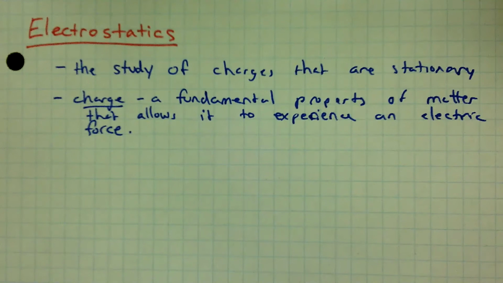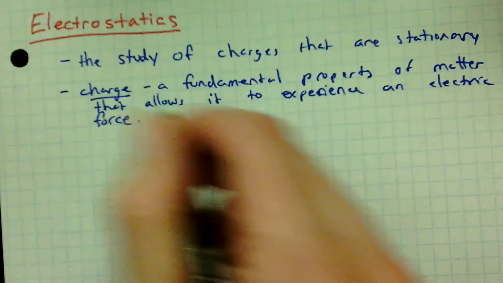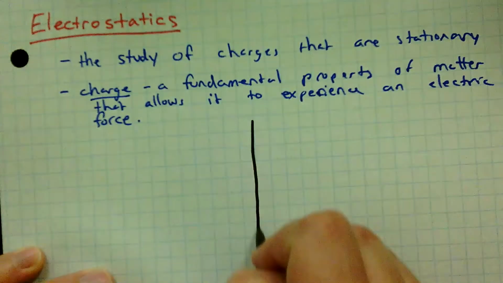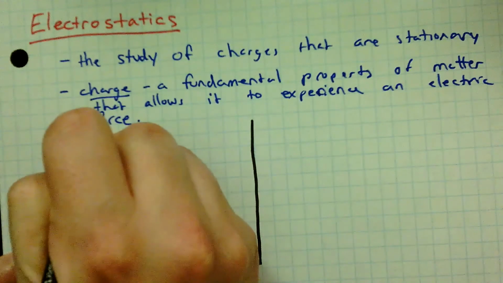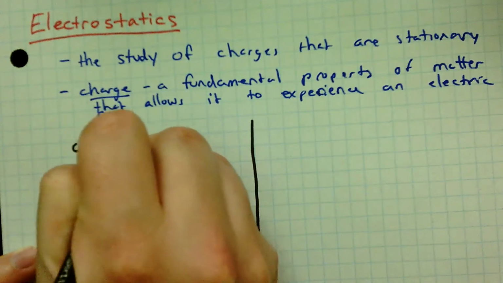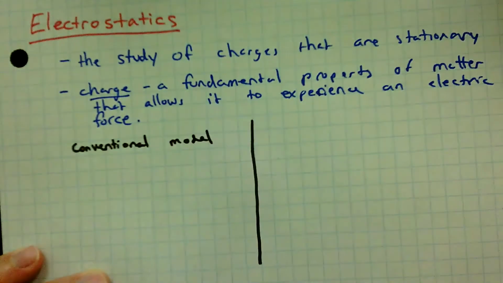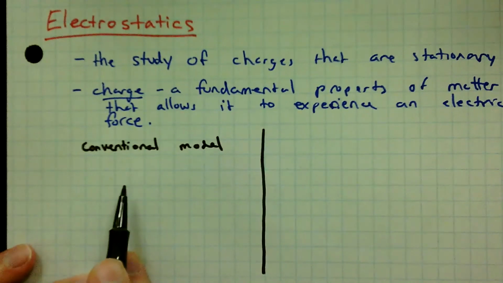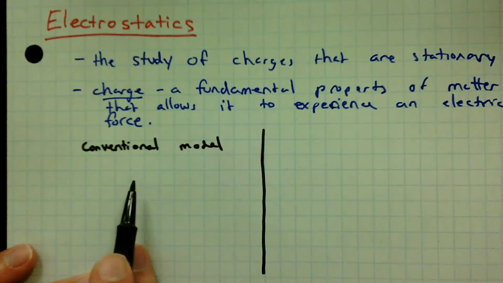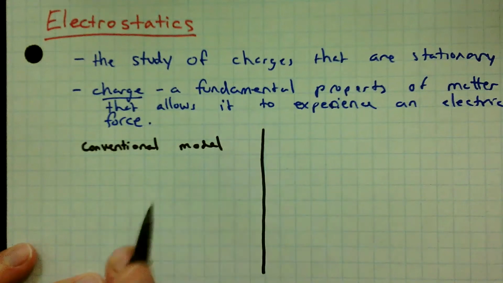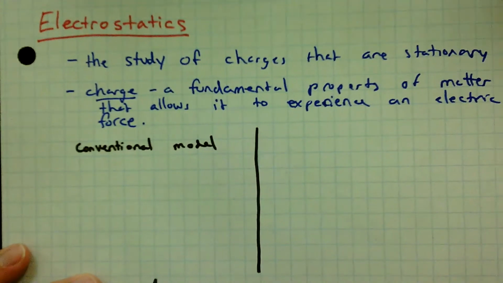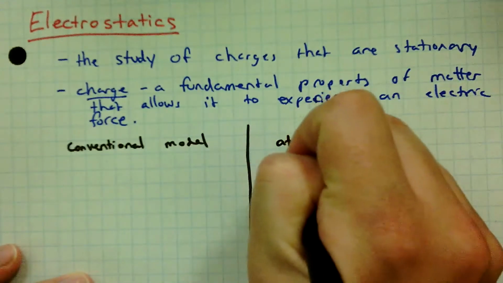So I'm going to talk about charge in two ways. The conventional model was how we thought of things before we knew what it was, and because of inertia, that's how we started thinking about things, and so it's still how a lot of this is thought about. And then there's a real model, which I'm going to call the atomic charge model.